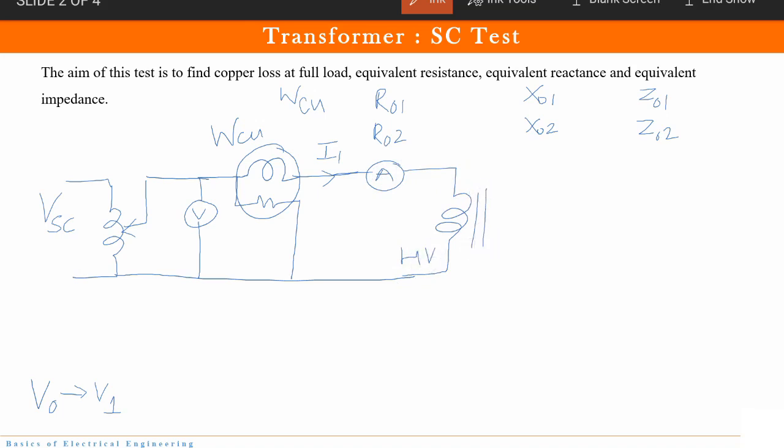Remember, SC test is done on the HV side, with the LV side short circuited. So this is short circuited by a thick wire. We use a thick conductor and we short circuit this.